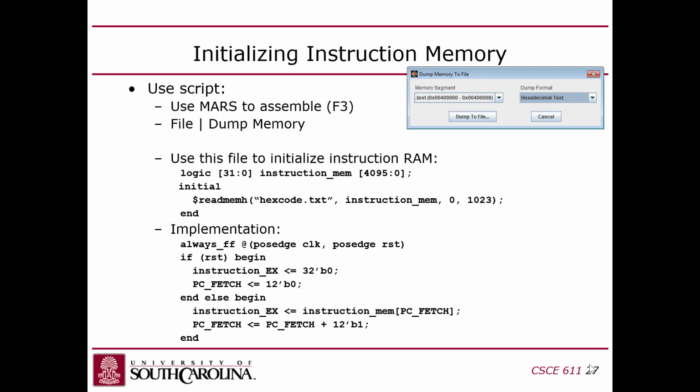But as it stands, the way this is set up, if you want to tweak your program, you have to recompile, which means that you probably want to make sure your program works in Mars before you do this, because debugging your MIPS code through your own CPU is problematic, not only because you have to recompile your whole Verilog every time and reprogram the FPGA, but when you have a problem, you don't necessarily know if it's a hardware or software error.